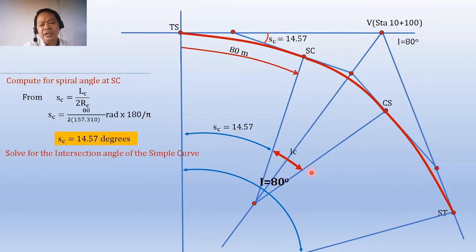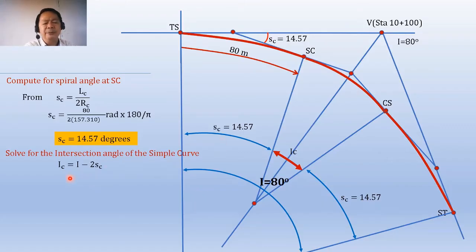On the other side, this is also our S sub C, of the same magnitude at 14.57. And because the total angle from this point up to that point is also equal to 80 degrees, hence we can compute for the intersection angle of the simple curvature, as this will be equal to I sub c equals I, this one, minus twice our S sub C.